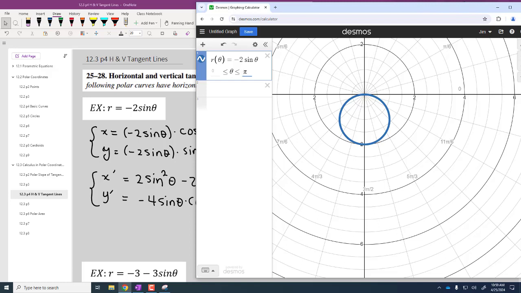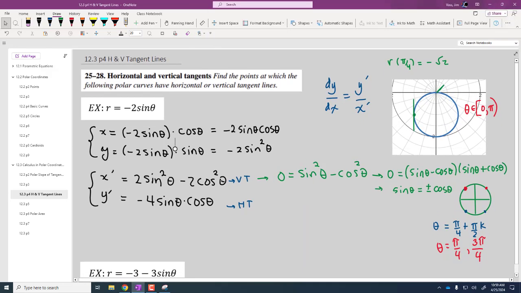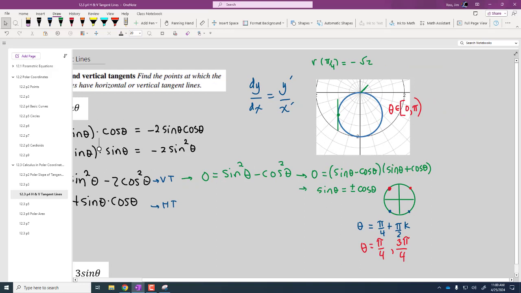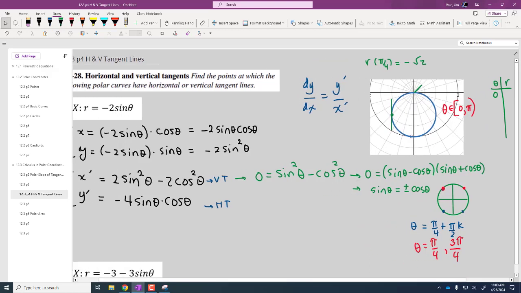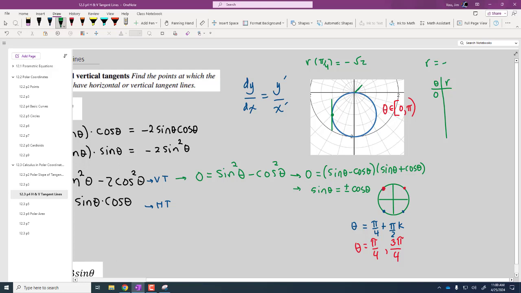If you're graphing this, think about it this way. Let's do what we did with the cardioids. So if we look at r comma theta, usually we plug in the theta. If we plug in theta equals 0, r equals negative 2 sine theta. Sine of 0 is 0, so this is 0.